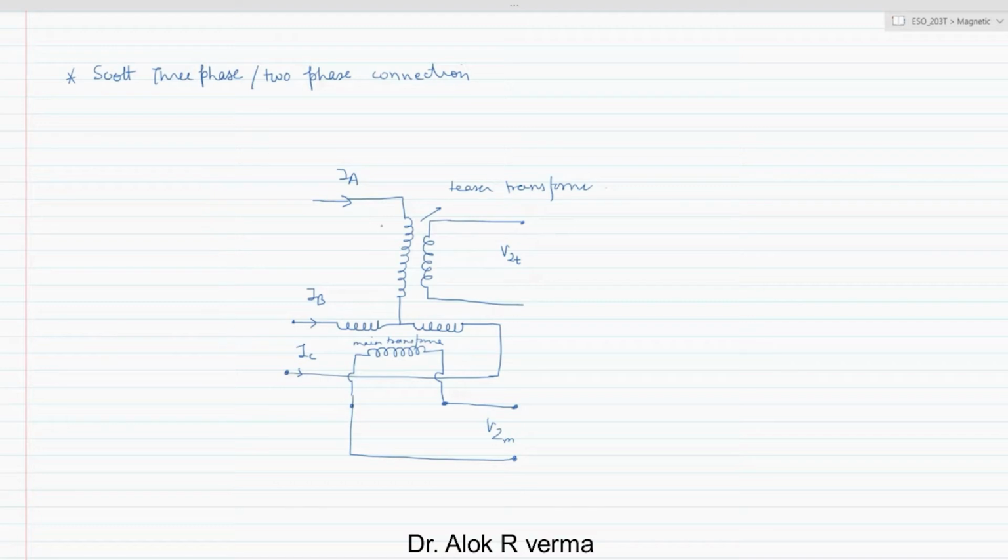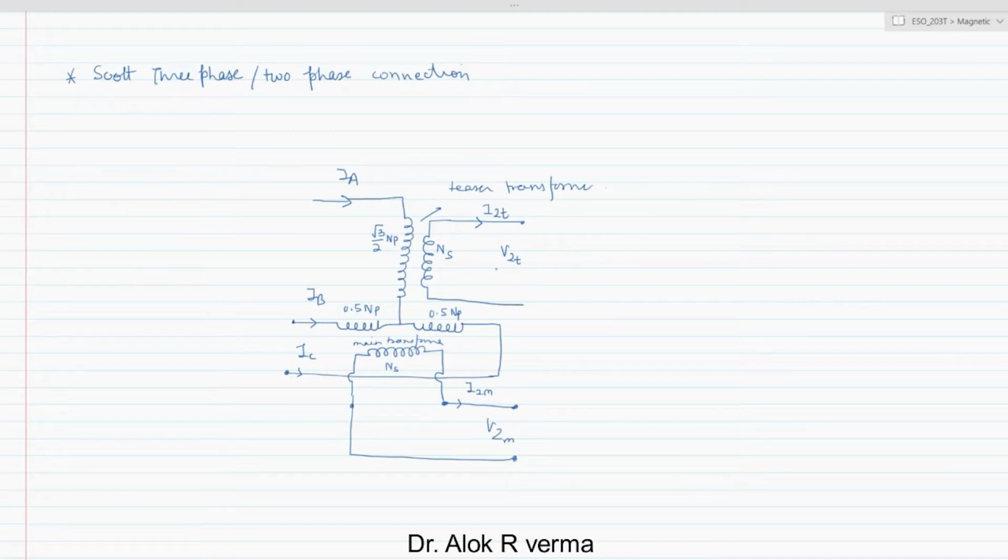So this is root 3 by 2 NP, this is NS, this is NS, this is 0.5 NP, 0.5 NP. The current which is going here is I2M, and the current which is going here is I2T, the main and teaser transformers.